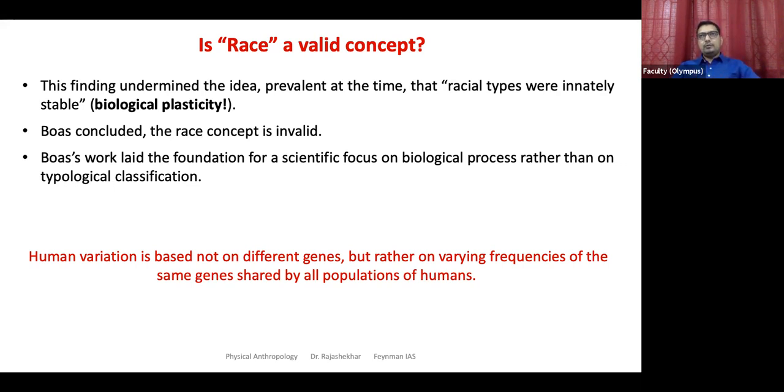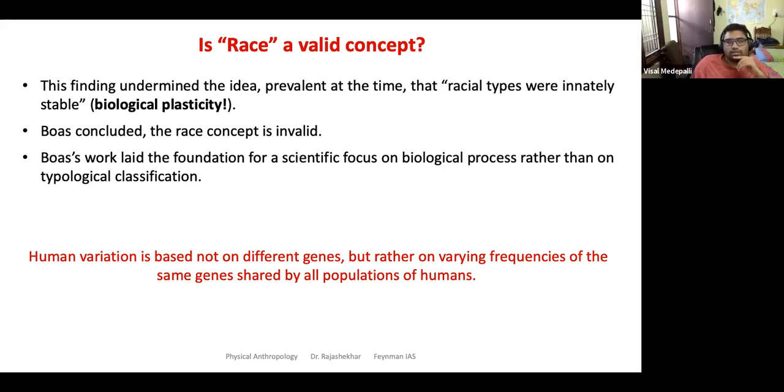Meaning, what am I trying to say? Different polymorphism in there. Some mutations here and there may produce less or more of that protein. So characteristics do change, and they are tuned by environment. So the main idea here is we are not different because of different genes, but we look different because of polymorphism within the same genes.